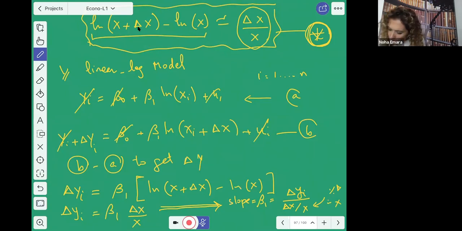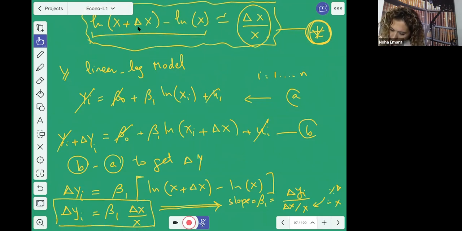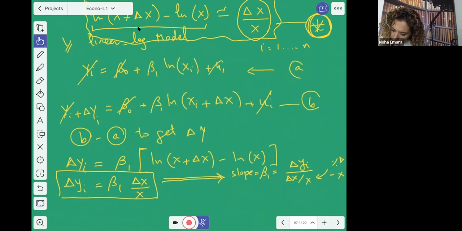I wanted to make one final note. Suppose that x changes by 1 unit, because every time we use a 1 unit change, we keep saying it's a small change, so let's make it 1 unit. If x changes by 1 unit and it is in percent, then it's 1%.